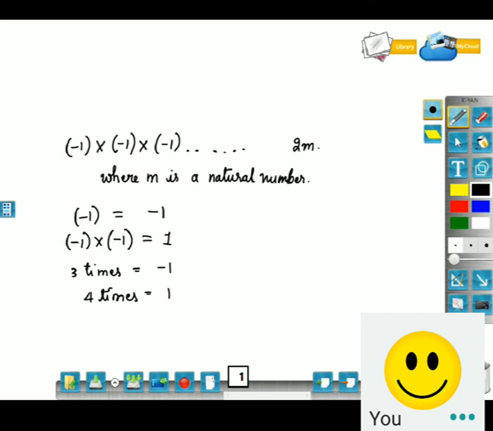By looking at this pattern, if you are multiplying an odd number of times, you get minus 1: 1 time, 3 times, 5 times, 7 times. In the same way, if you multiply an even number of times, you will get plus 1.